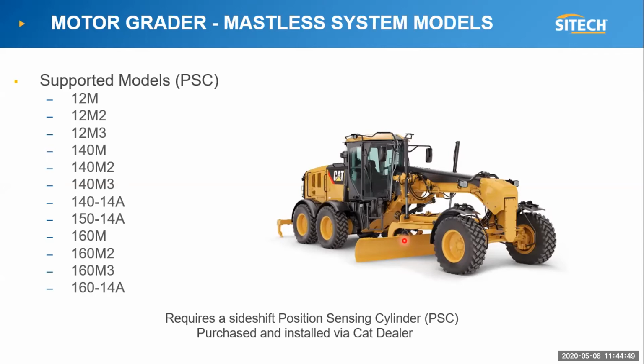These are purchased from your Cat dealer. They're installed by the Cat dealer. The purpose of that position sensing cylinder on the back of the blade is so that we know at all times where the side shift of this blade is. And that is obviously required for the mastless system on these graders. Great.